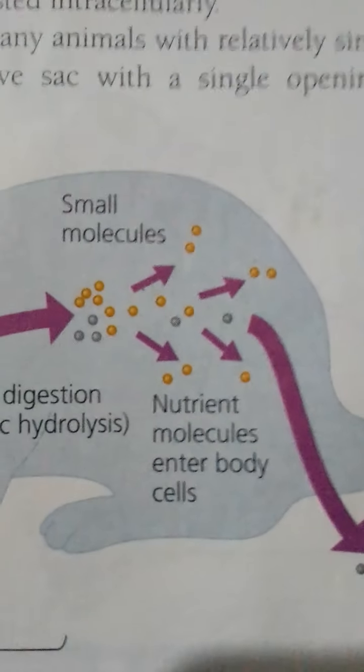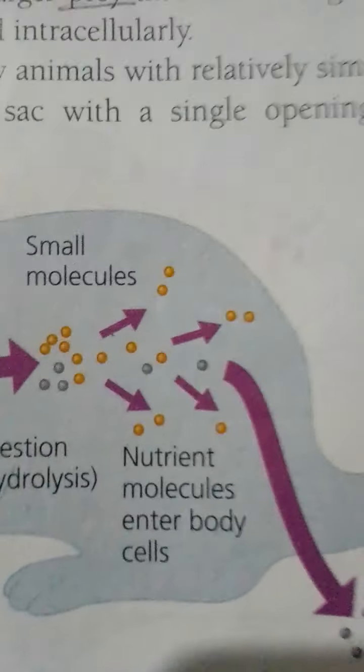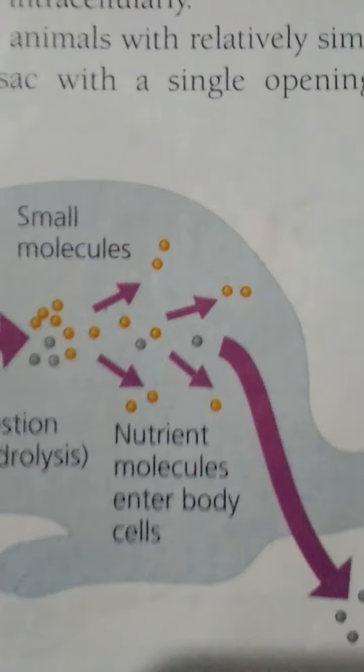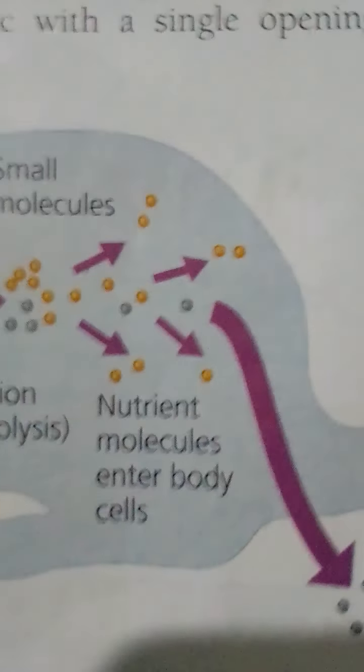The last two stages of food processing occur after the food is digested. In the third stage, absorption, the animal cells absorb small molecules such as amino acids and simple sugars from the digestive compartment. And finally, elimination occurs as undigested material passes out of the digestive compartment, as shown in this video.